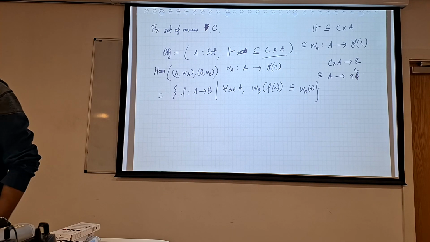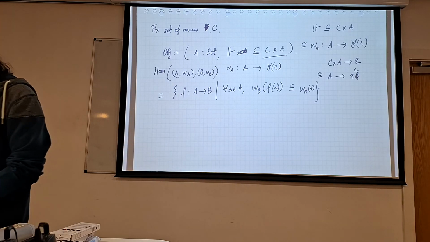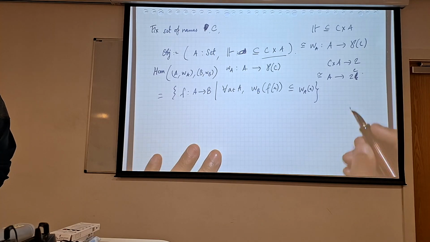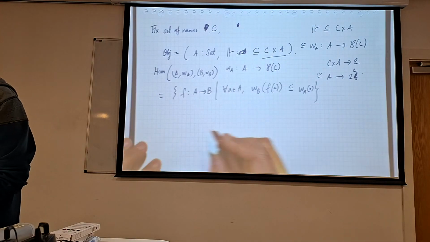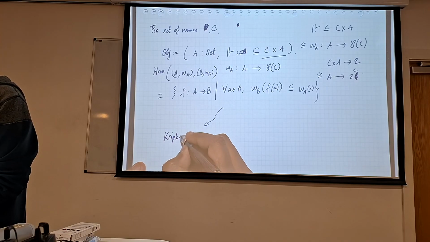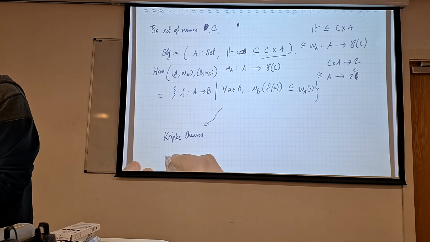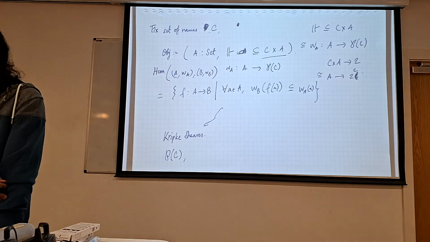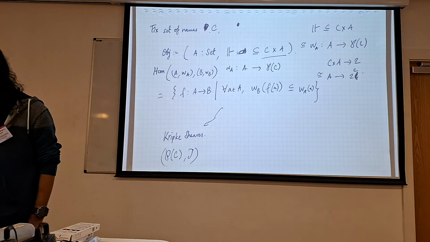So this is a very concrete way of writing this whole thing. You can think about these in two different ways. One way is to think of them as Kripke sheaves, where I'm taking power sets on C, and power sets are complete Heyting algebras, which come with a canonical topology.